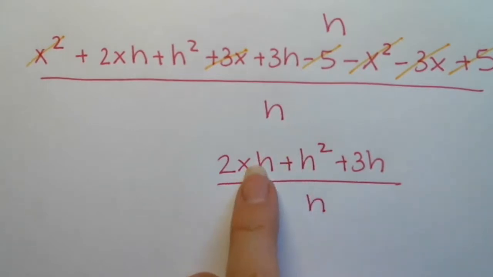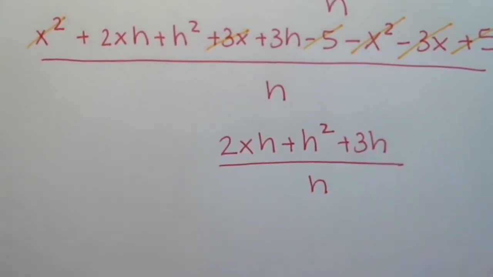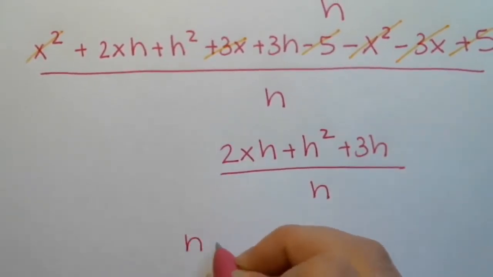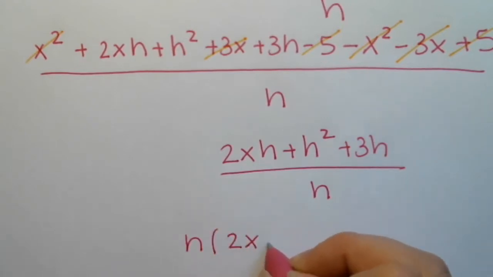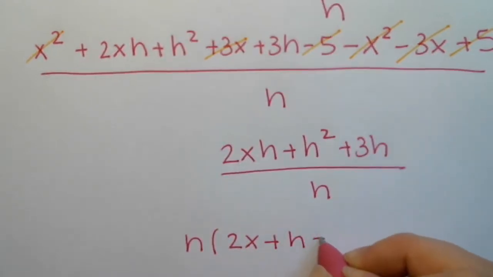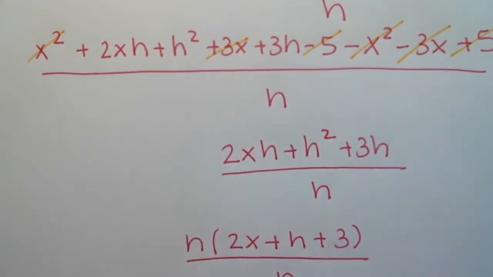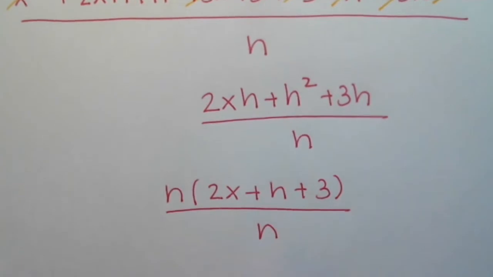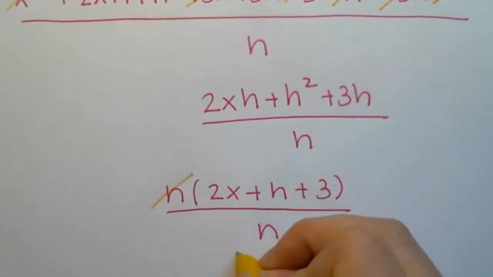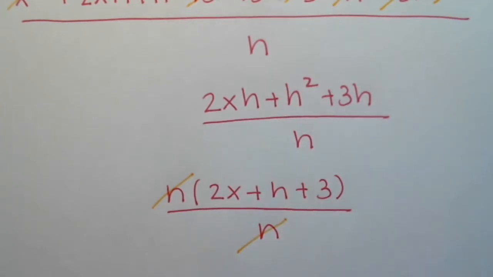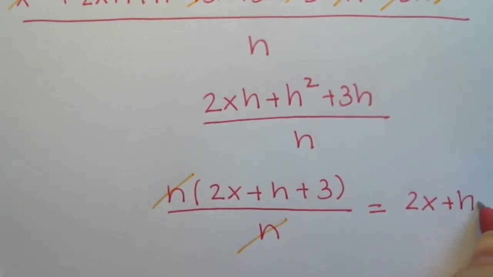Now I can see these all share a factor of h, so I'm going to factor that out. The benefit to that is now I can actually cancel this h from the numerator with this h from the denominator. And I'm getting my final answer, 2x plus h plus 3.